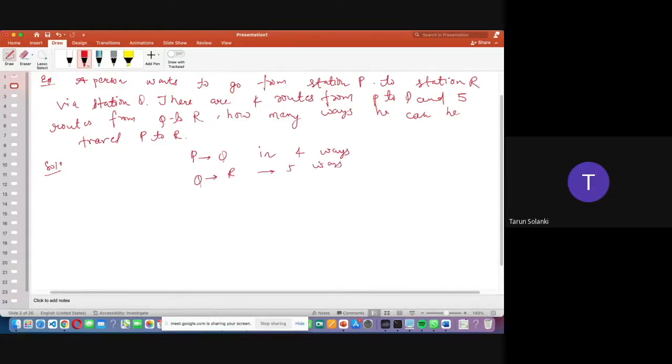So the number of ways of travel from P to R is 4 into 5, that is 20, and this is your answer. Now I hope you understood the previous definition. Make a note of this.